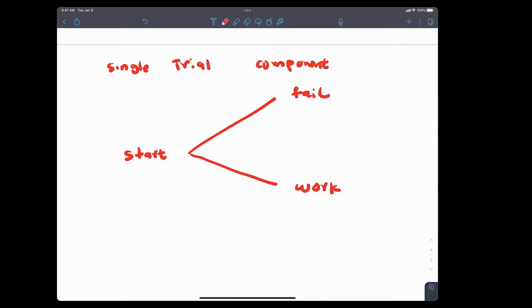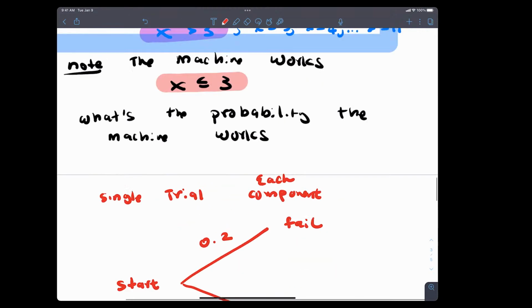Now, they gave us information. They said the component fails 0.2 or 20% of the time. This is each individual component. That means it works. The complement of 20% is 0.8, right? So let's go back and see how we looked at things and defined things.